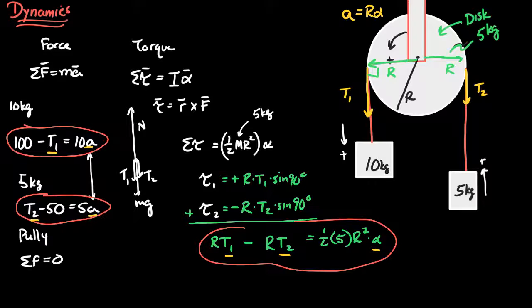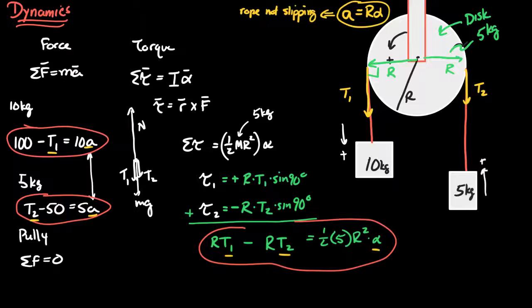This is the condition for the rope not slipping. If you have every reason to believe that that's true, that gives you a fourth equation, a way to bring all of these things together.